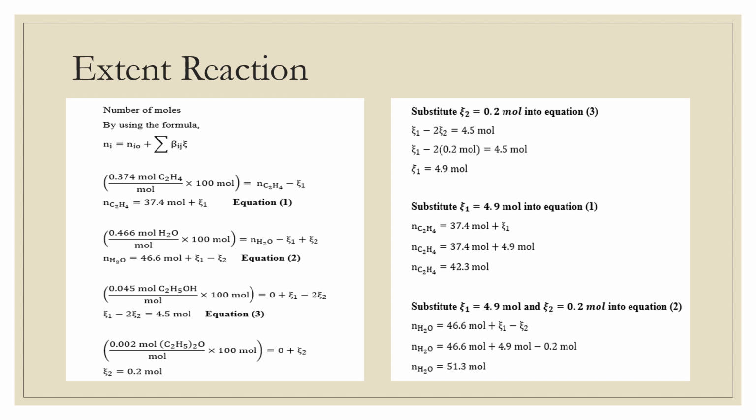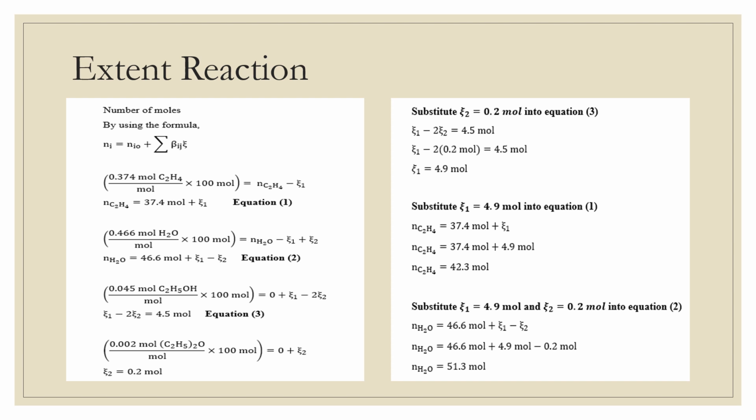Next we're going to look at the ethanol. As we know, there are 0.045 mole of ethanol times the 100 mole basis, equals 0 plus Z1 minus 2 Z2. Why 0? Ni naught is the input, and there is no ethanol added into the reactor, so that's why it is 0.